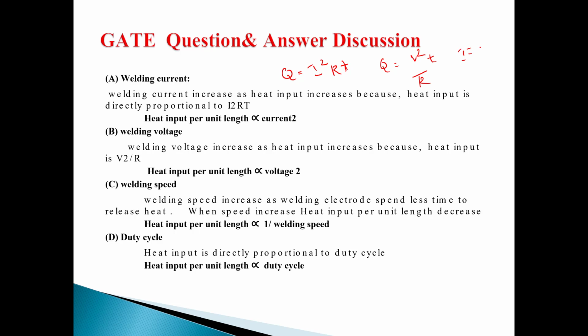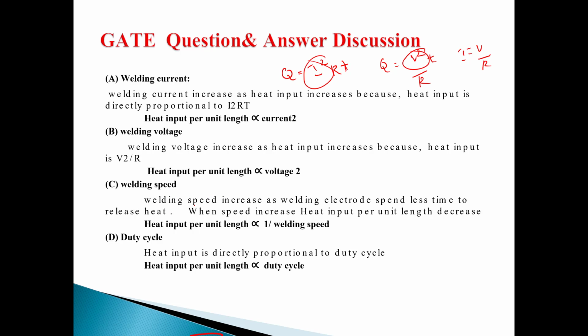So heat input per unit length is directly proportional to the voltage squared. It is directly proportional in both cases.